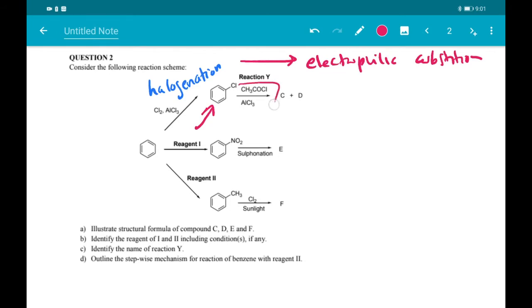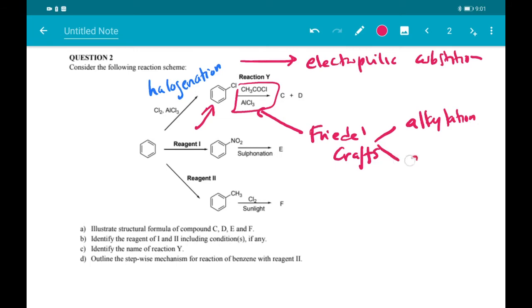Then we have a follow-up reaction involving CH3COCl. As I mentioned earlier, the most common catalyst that we are using is aluminum chloride, which relates to the Friedel-Crafts reaction. Okay, make sure you got the correct spelling. So for Friedel-Crafts, we have the alkylation and also we have the acylation.